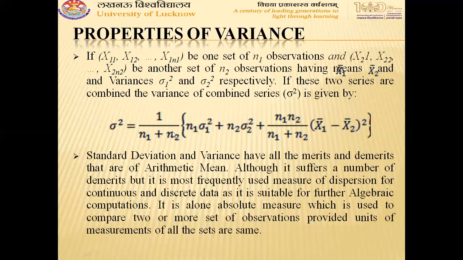That means if we have two series and their number of observations, mean and variances are known to us, then we can easily calculate the variance of the combined series.